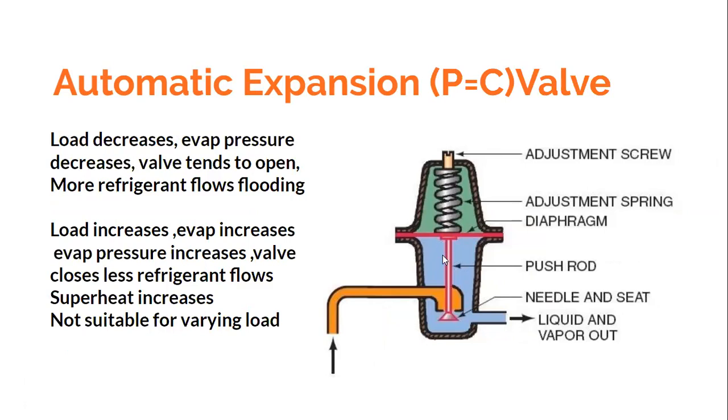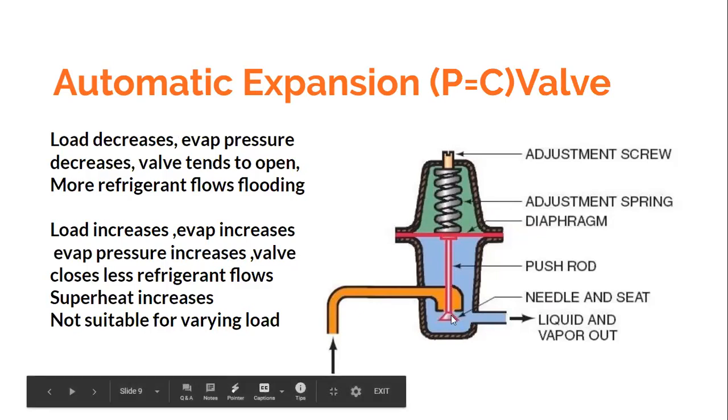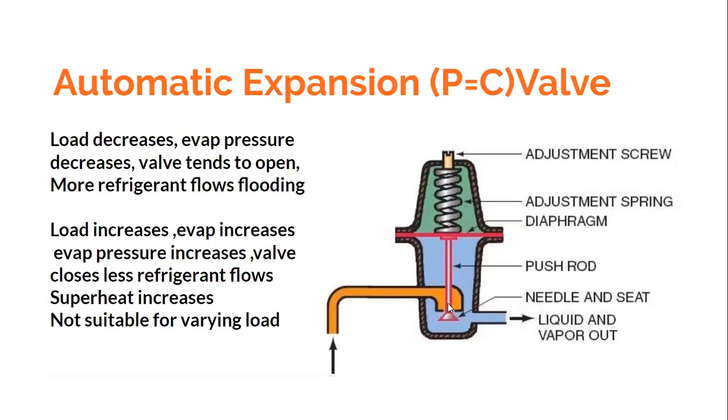When the upward pressure decreases, the pressure which is downwards would be more. When it is more, this push rod would pull this downwards. When it pulls downwards, this valve would tend to open. When the valve tends to open, more refrigerant would flow.